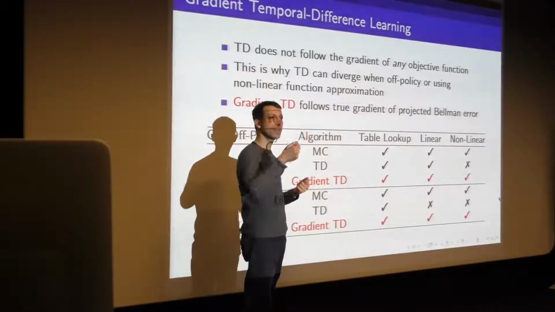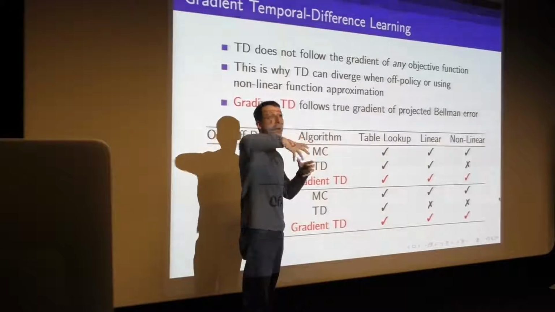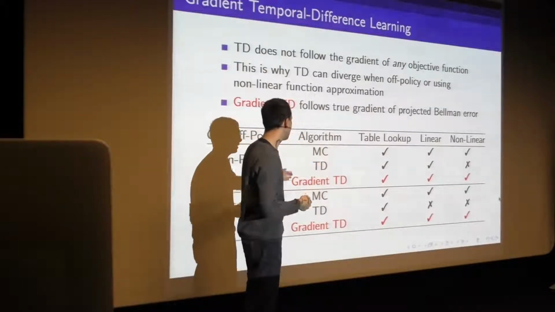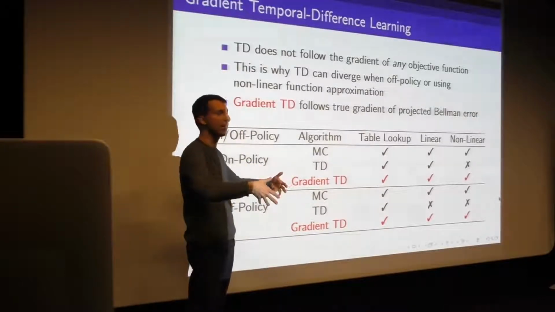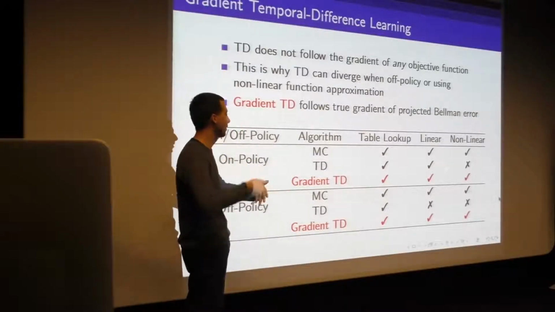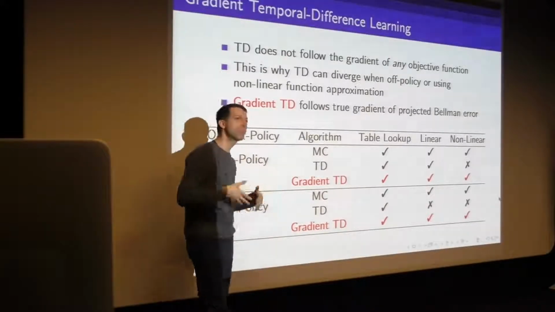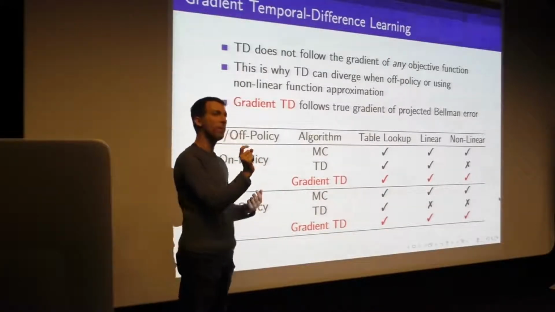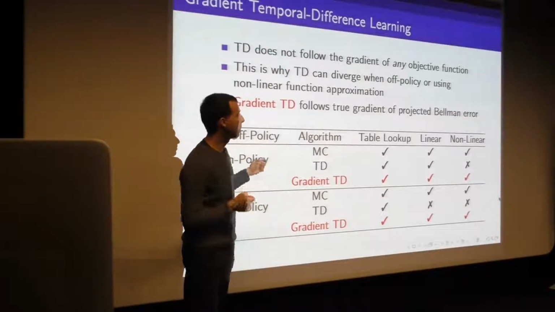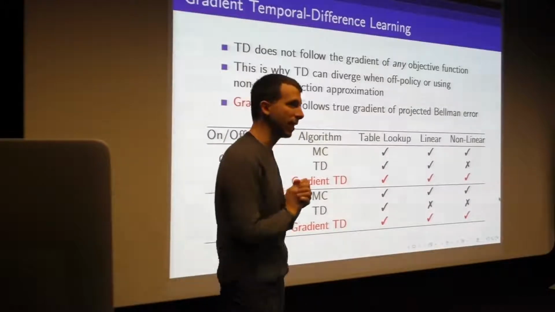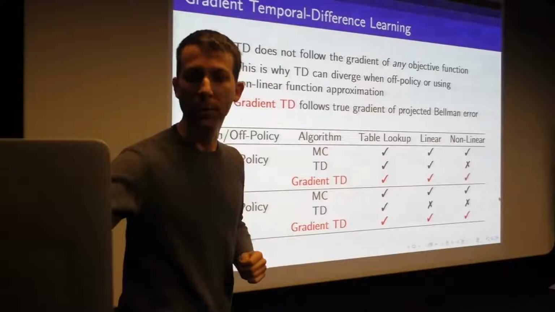So instead of just doing this gradient descent and then substituting in the TD target and hoping that it's still a gradient, this is something which really follows the gradient of the projected Bellman error. That's a particular objective function. Follows a true gradient. I don't want to get into the details now, but you can look it up. And so it is possible, just with a small correction term, that you basically end up with the same update with one more correction term, and it fixes the problems that we see with TD learning. So you can get convergence, but you have to just be a little more careful with TD.